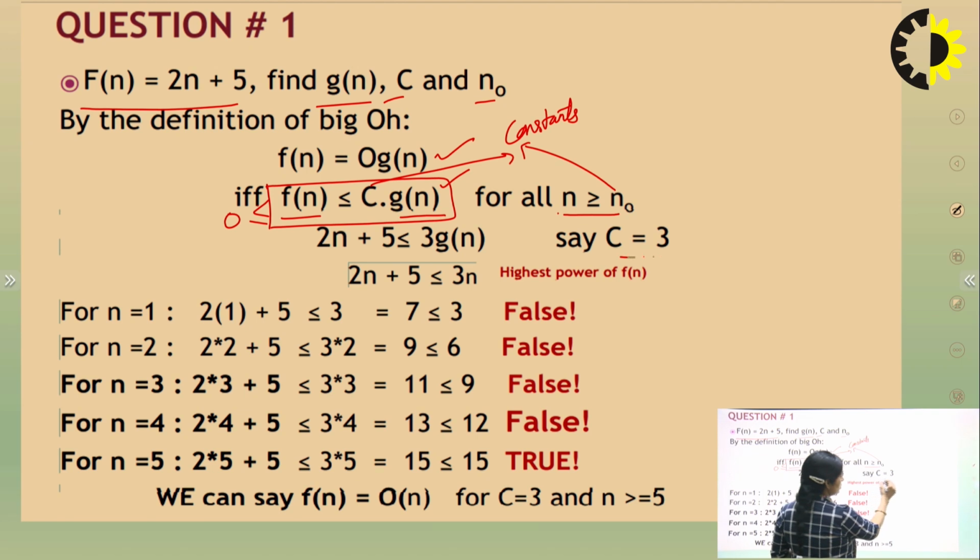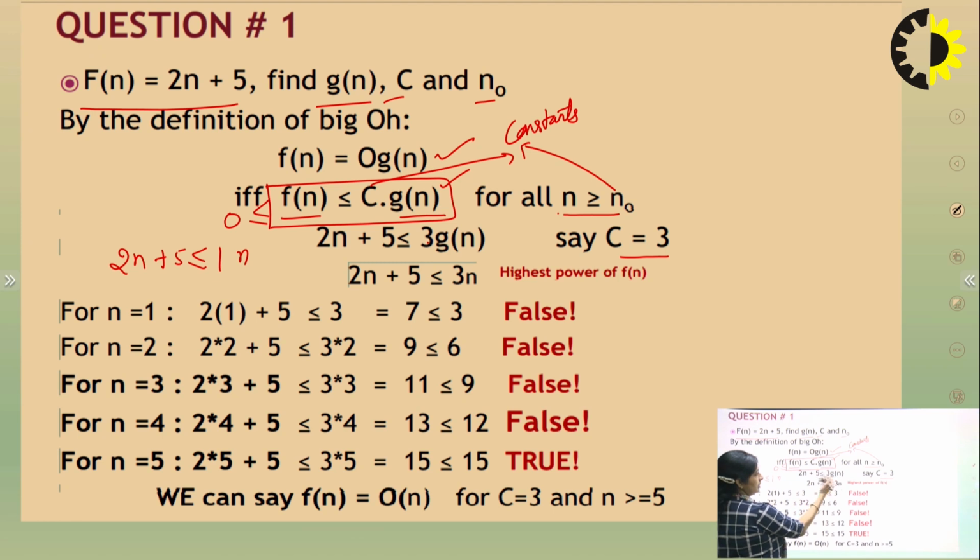Now I am taking c equal to 3. But why have I taken c equal to 3? Why didn't I take 1 or 2? Suppose I take c equal to 1. Then I will write 2n plus 5 less than or equal to c·n, because g(n) equal to n. Why do I write g(n) equal to n? Because the highest power of n is equal to 1.